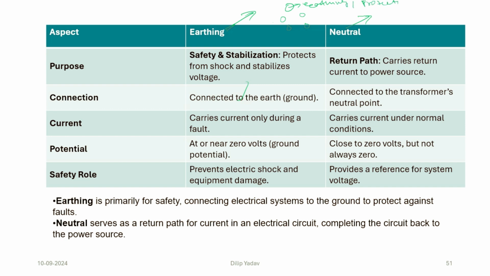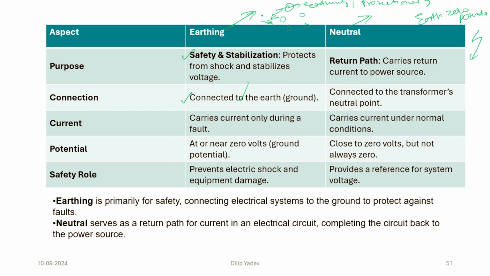If there is some external voltage or internal current flowing through it, the earthing handles it. The earth is said to be at zero potential. From higher to lower potential, the voltage of the current gets into the earth. So it is used for safety and stabilization purposes.